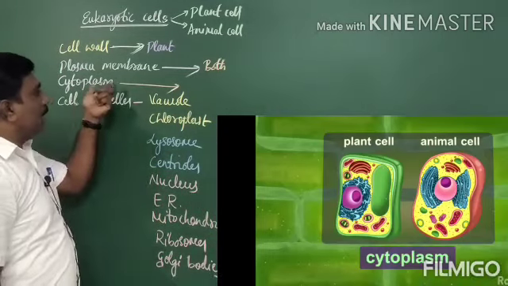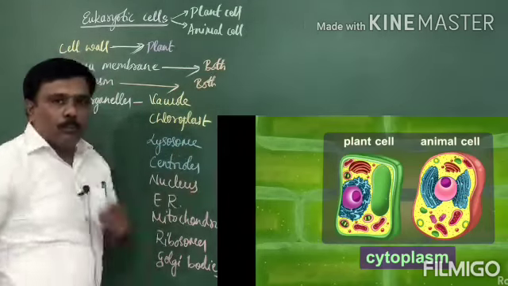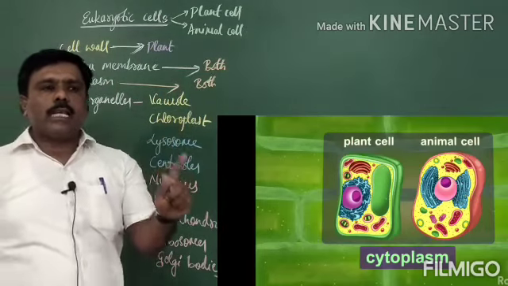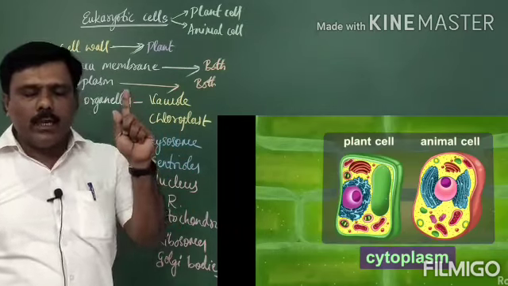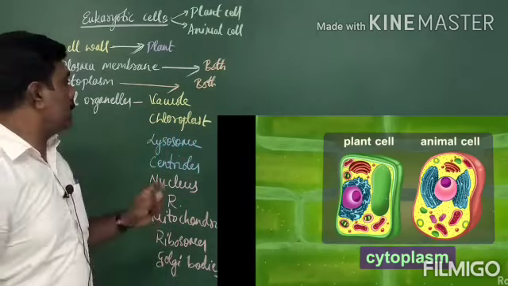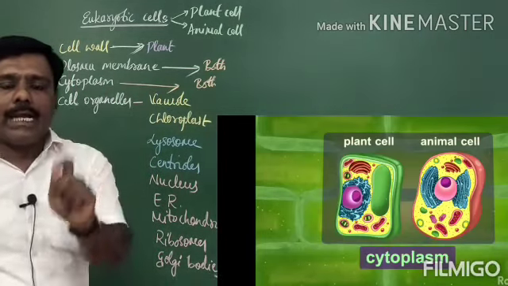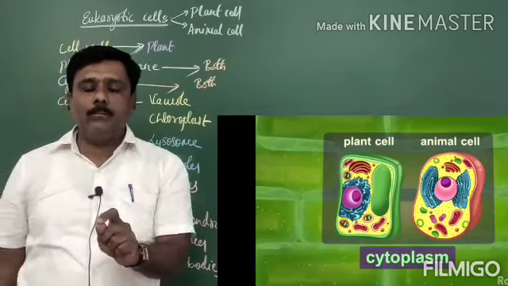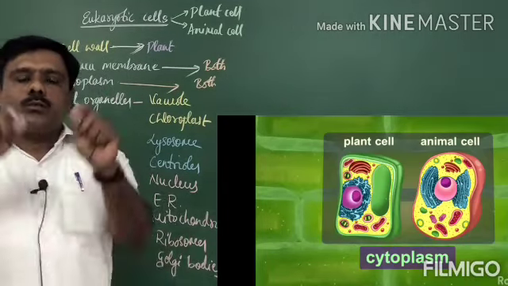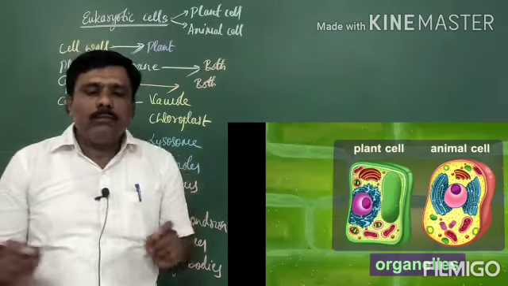The cytoplasm is found both in plant cells and in animal cells, right? The cytoplasm of both the plant cell and the animal cell contains many different types of cell organelles. These cell organelles are of different types.